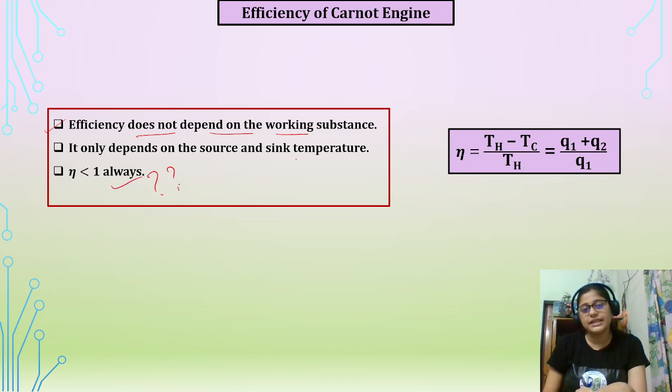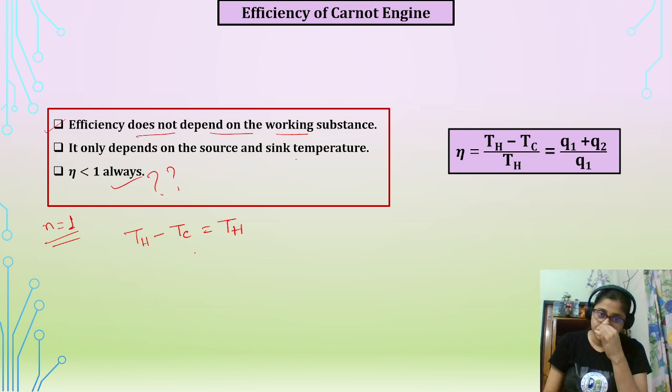So how can we say that? Let's say if eta is 1. If we put the value 1, TH minus TC will be equal to TH, right?